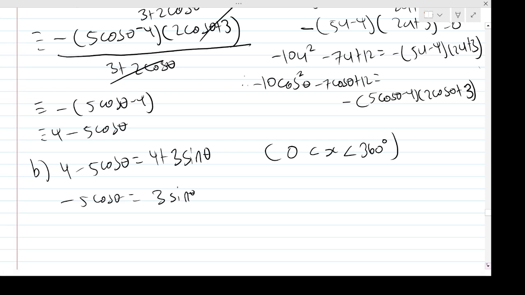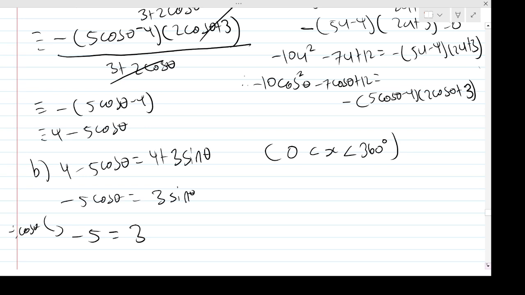At that point, I can divide by cos theta, and I can do that because I can't factor anything out. If I divide by cos theta, minus 5 cos theta over cos theta is just minus 5, and that's equal to 3 sine theta over cos theta.